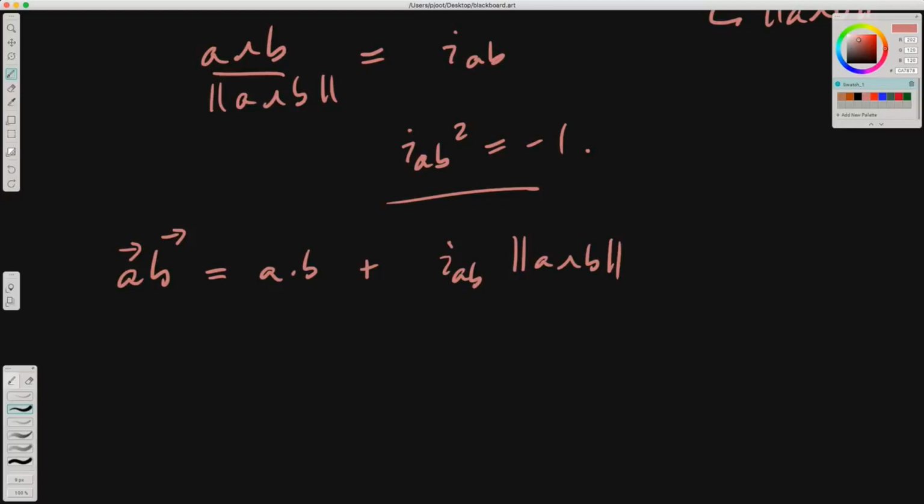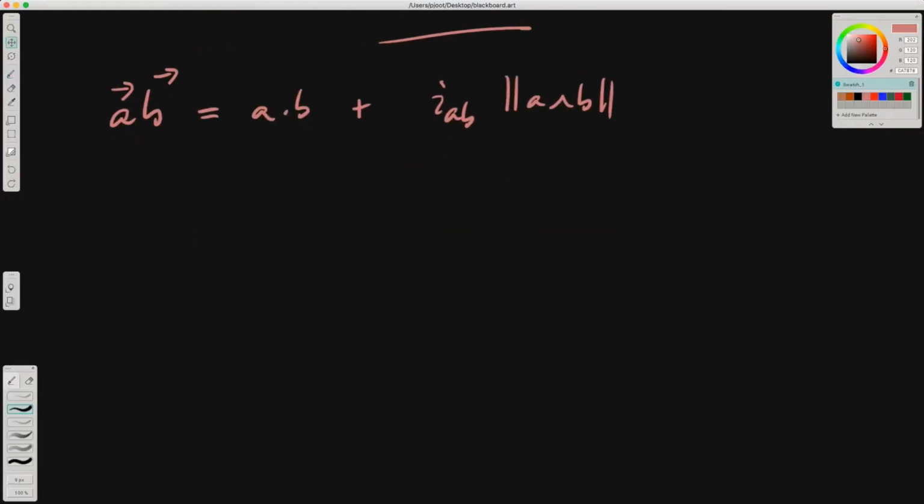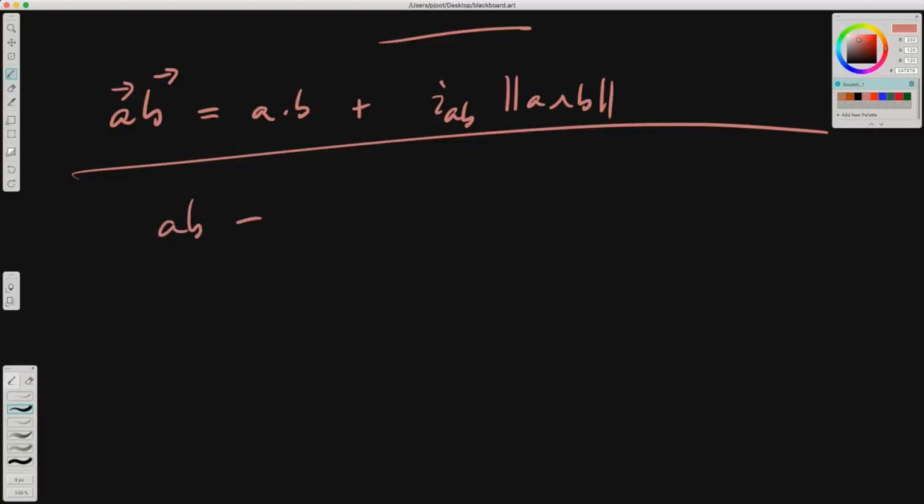I was trying to justify the exponential representation off the cuff, but I wasn't really prepared to do that. So I'm going to just say, let's say our starting point is AB.